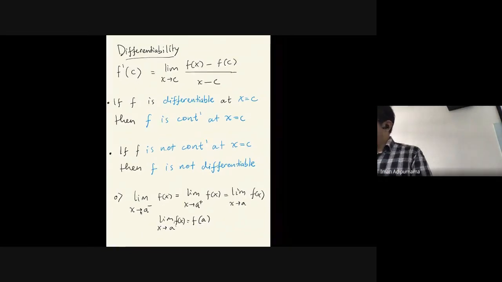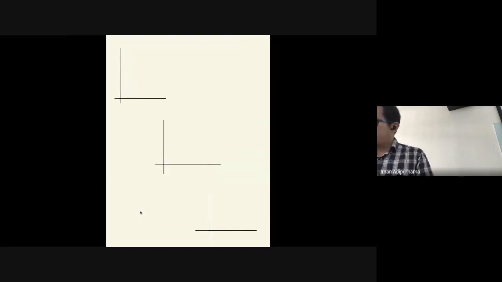Okay. I will give you a quick example for differentiability. What you need to remember is, I think, just these three graphs. Okay, there are three graphs here.